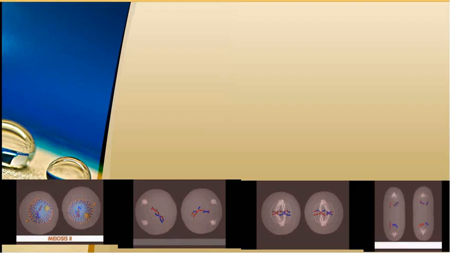And then we will go to the second meiotic division. The second meiotic division is typical to mitosis. Each cell of the two cells which resulted from the first meiotic division is divided in a way similar to the mitosis division phases.